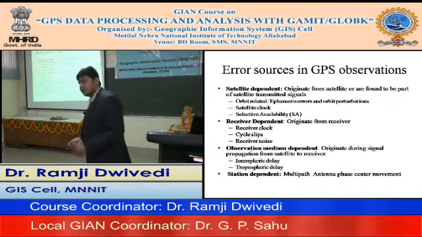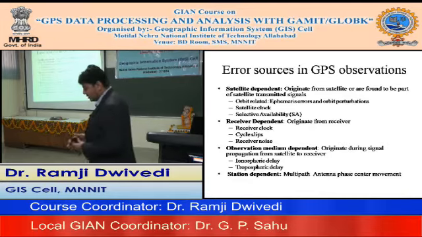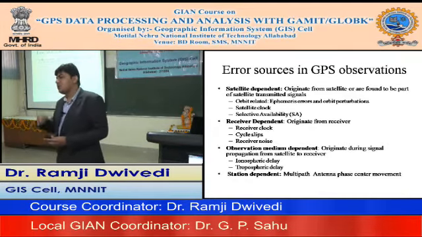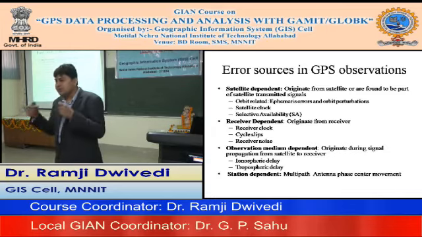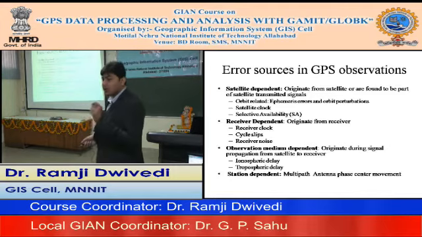We'll start from the satellite end one by one and try to build an understanding of what kinds of effects are there that could eventually degrade our signal. For the satellite-dependent errors, you already understood that the satellite is moving in an orbit, and because of perturbations, with many forces acting on it, certain drifts occur, not only in the satellite clocks but also in the orbits. The orbit-related ones we call the ephemeris error and orbit perturbation.